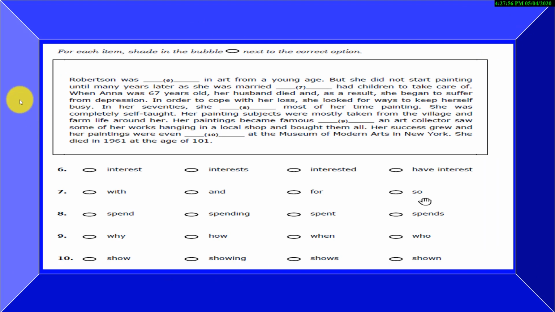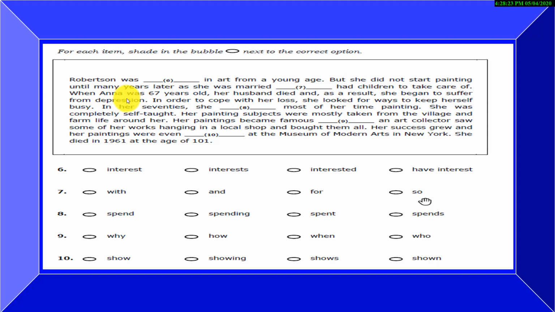And it's written here: for each item, shade in the bubble next to the correct option. We read: Robertson was dash in art from a young age, but she did not start painting until many years later as she was married dash had children to take care of.